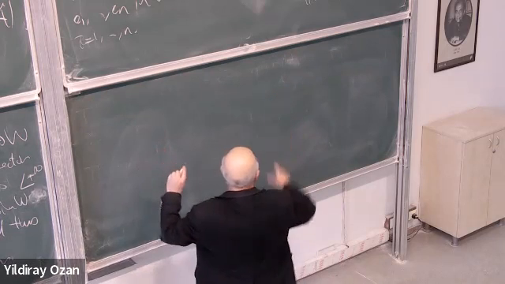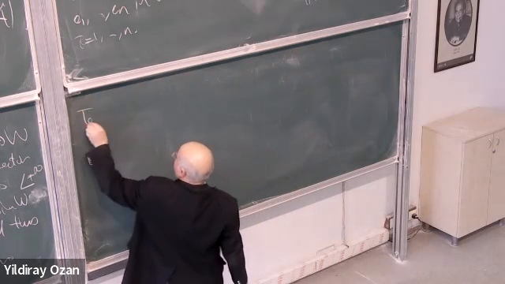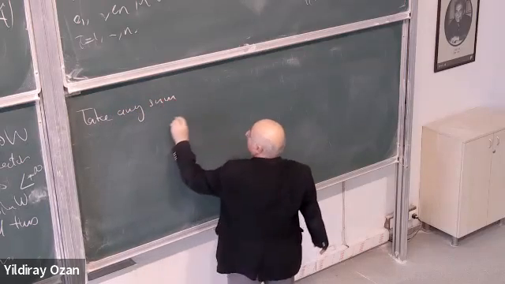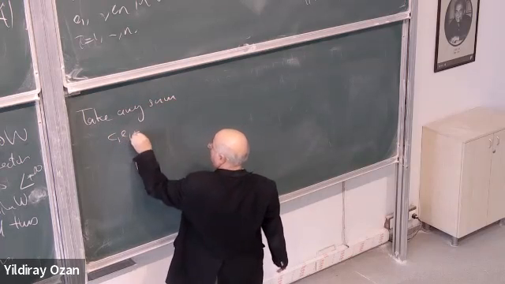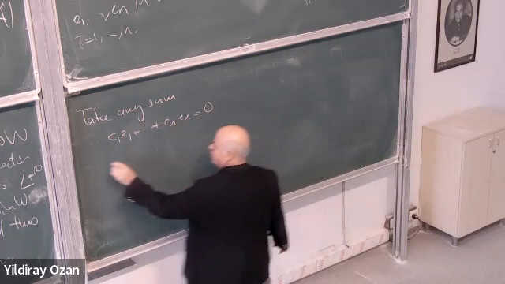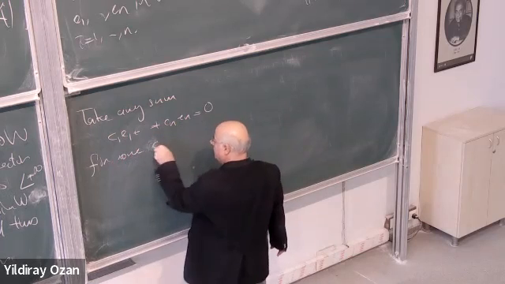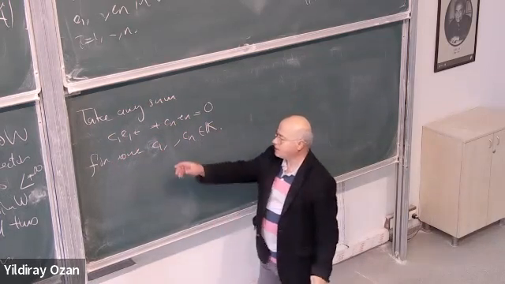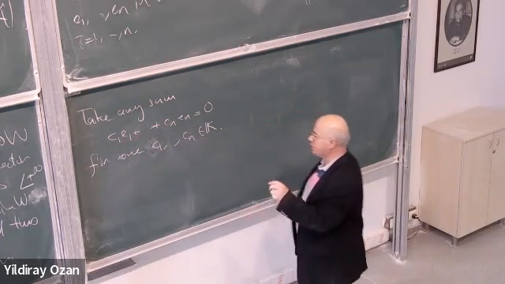How can we show that it is linearly independent? Take any sum c1 e1 plus up to cn en equals 0 for some c1 up to cn in K. What do I need to show? I must show that c1, c2, c3, up to cn are all zero.